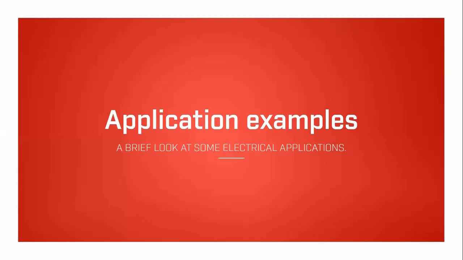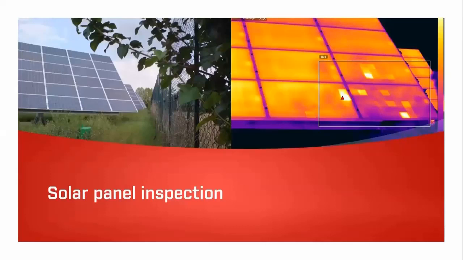So moving on to examples, we're just going to have a brief look at some electrical applications. The first one we're going to look at is solar panels. Wherever you go now, you see whole fields of solar panels. And this type of panel is a polycrystalline silicon solar panel.